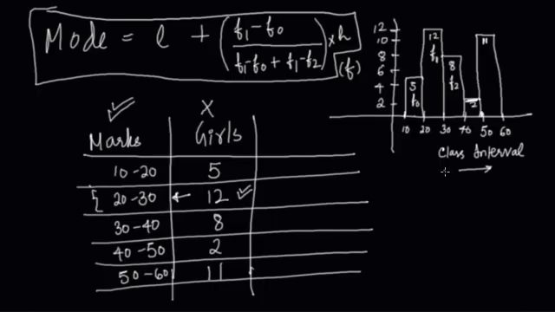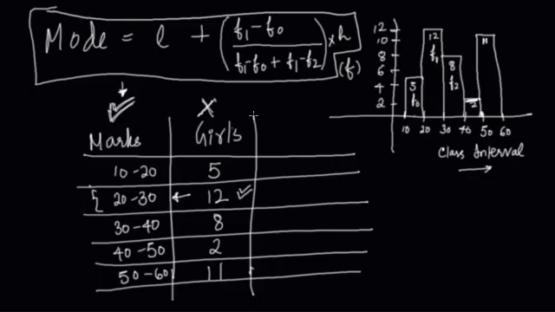Whether it's mean, median or mode, it will always lie here, not in the frequency. Always remember, the answer will not be frequency or cumulative frequency, but it will always be here, because we are interested in finding the average marks, the median marks, or the mode of the class, that is, the marks that the maximum number of students are getting. Okay, I've harped on this point a lot.